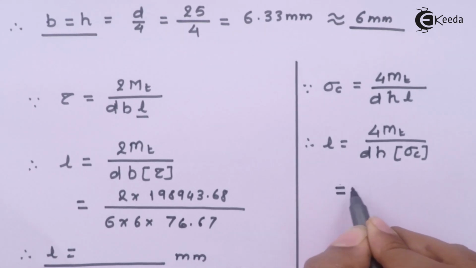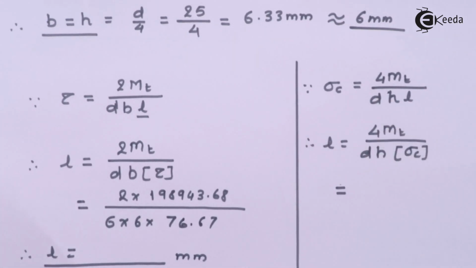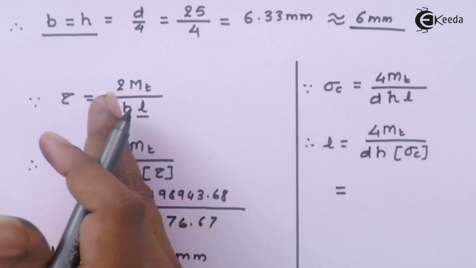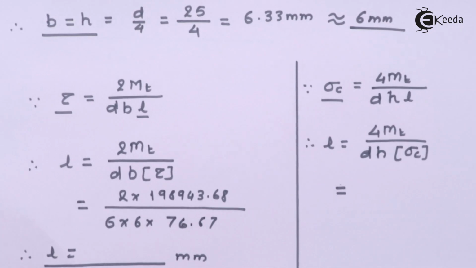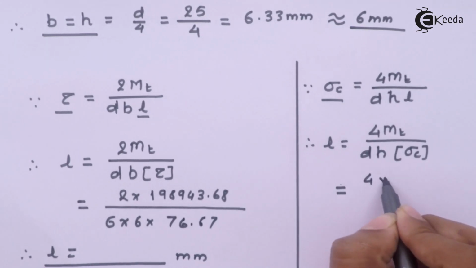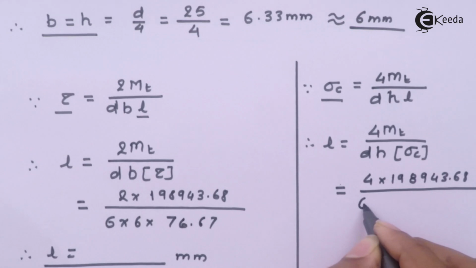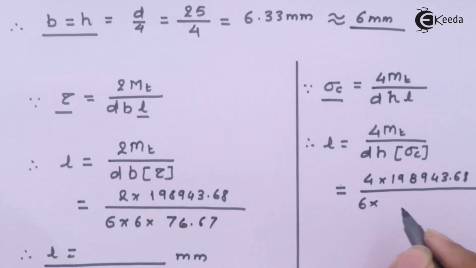The same thing we can repeat over here for this consideration. Now try to understand, we are doing it in 2 ways, by means of shear stress and by means of compressive stress. Either way, if they are the same, that is the answer. If they are different, we'll go for the maximum length. So it comes out to be divided by 6 into 25.